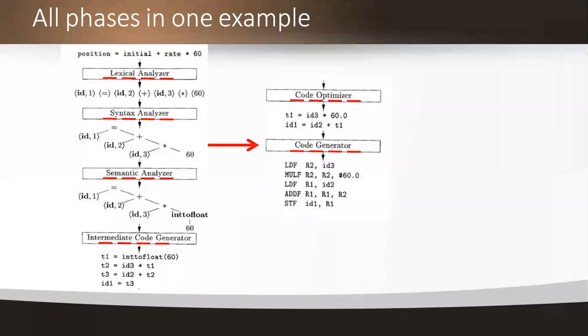Always handle the errors at each and every phase itself. For example, if I implement a semantic analyzer and find an error, then whatever implementation I did in the syntax analyzer is wrong.